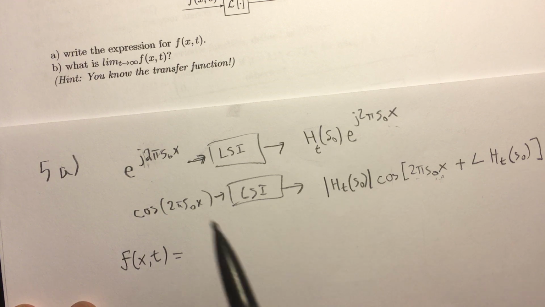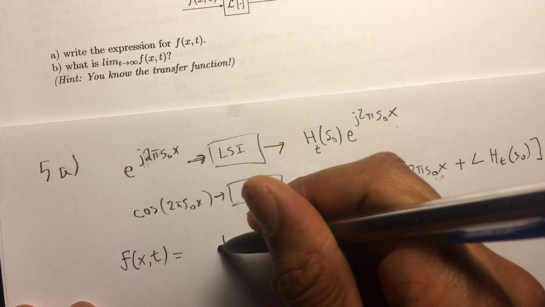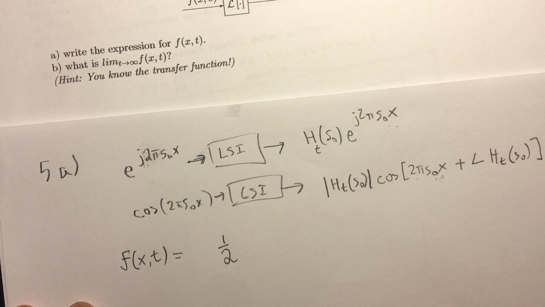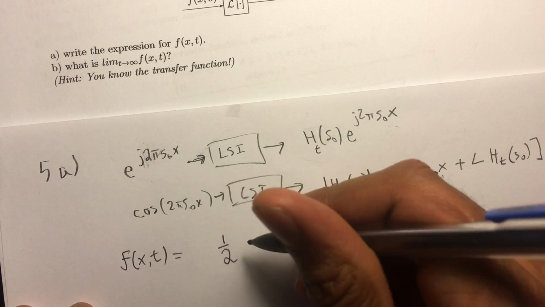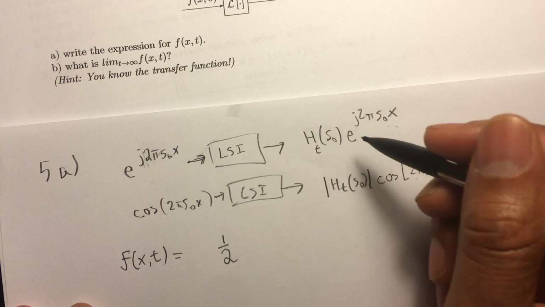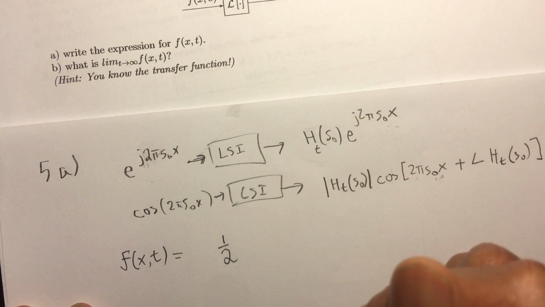But in either case, the constant term, that constant offset, is going to come out of the linear shift invariant system scaled by h sub t of s naught, which is 0.